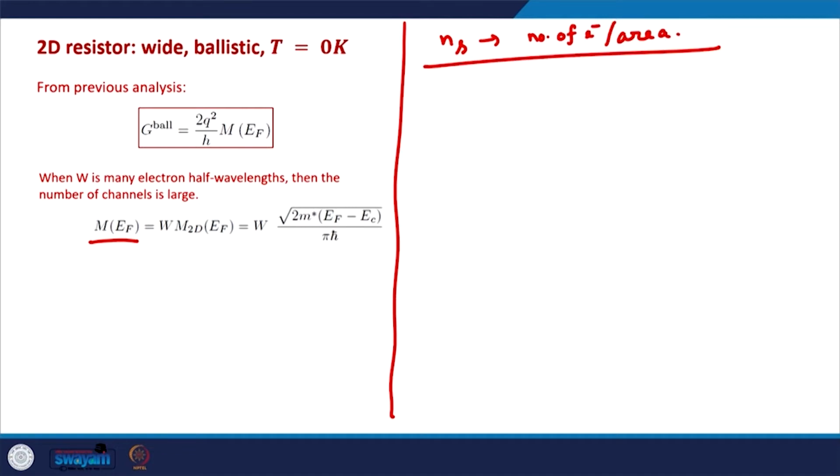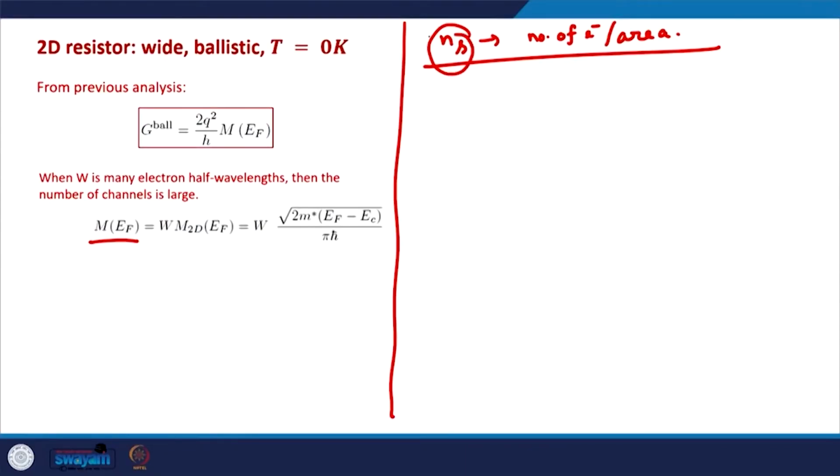For example, I gave you the example of the Hall effect experiment. If we know the Hall coefficient of the material, we can deduce the sheet carrier density by measuring the Hall voltage of that particular material. So, this parameter is generally available from experiments, and we would like to correlate this M(EF) with this parameter, and for that we need to go back to k space.